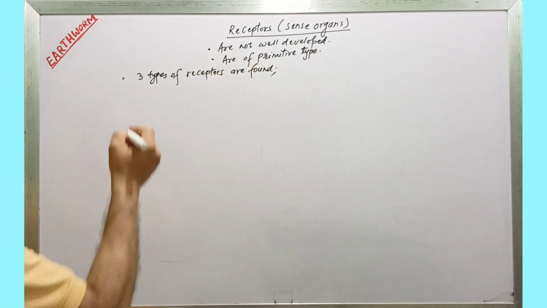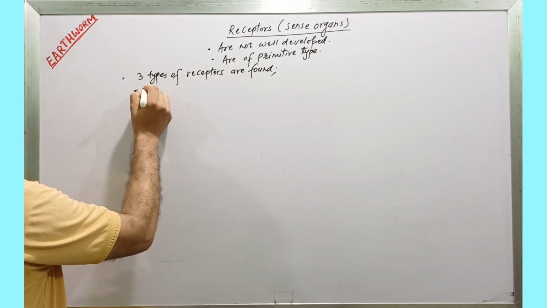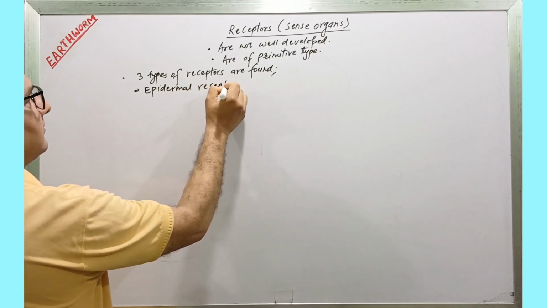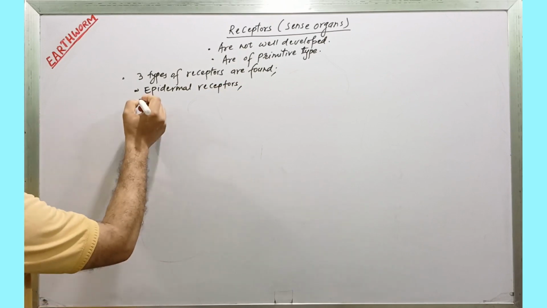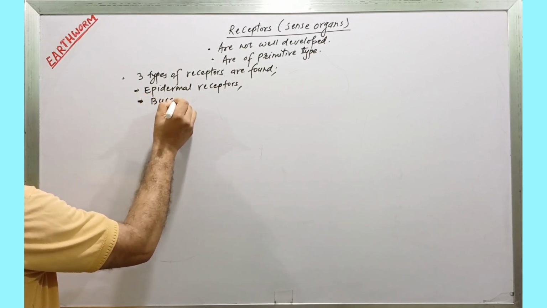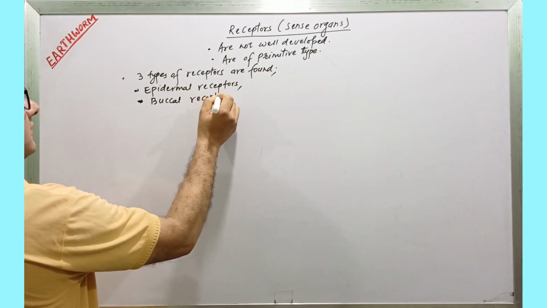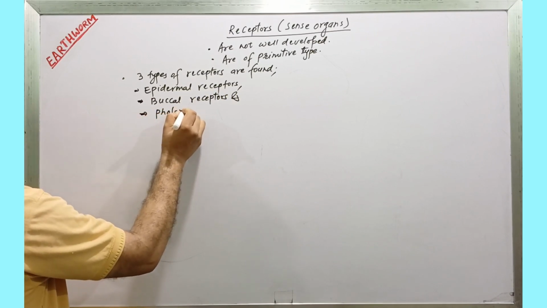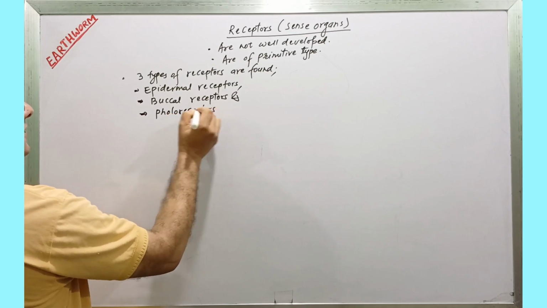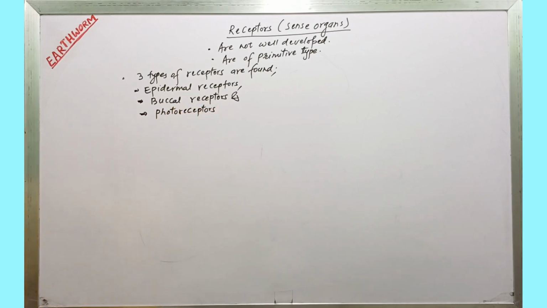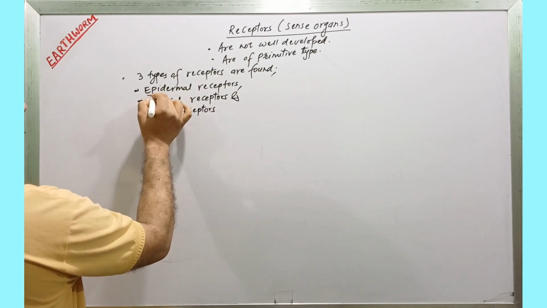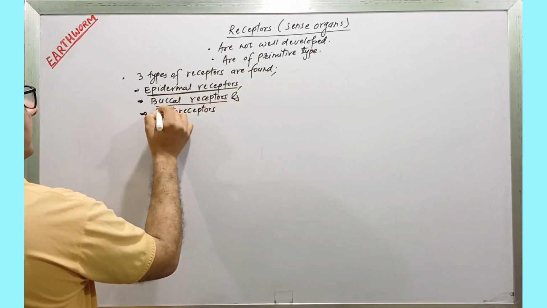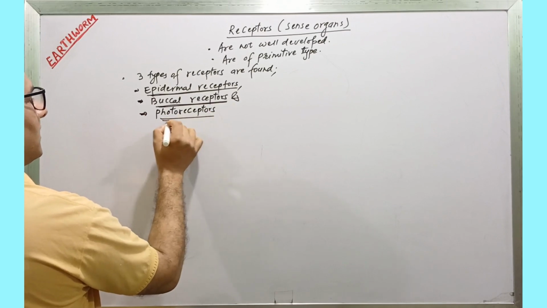The first type is epidermal receptors, the second type is buccal receptors, and the third type is photoreceptors.